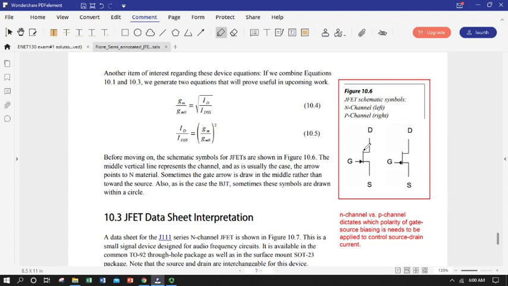So we've got kind of a long bar that represents the gate, and then the arrow pointing from the gate into the device versus out of the device tells us whether or not we have an N channel or a P channel. So an N channel is denoted here on the left, and this is P channel.